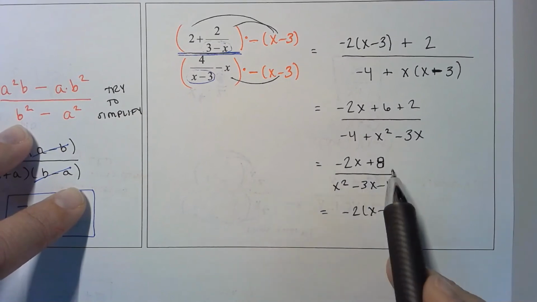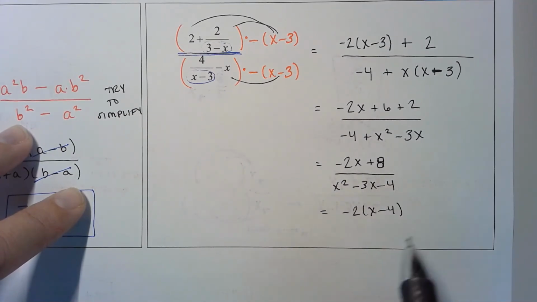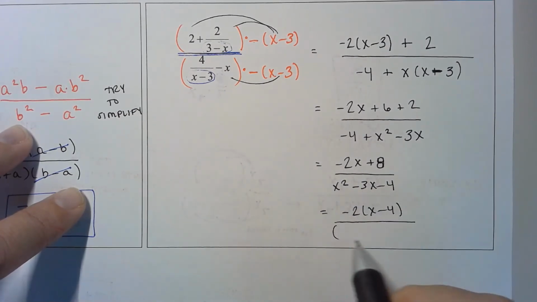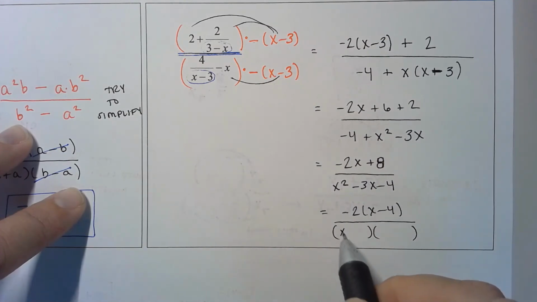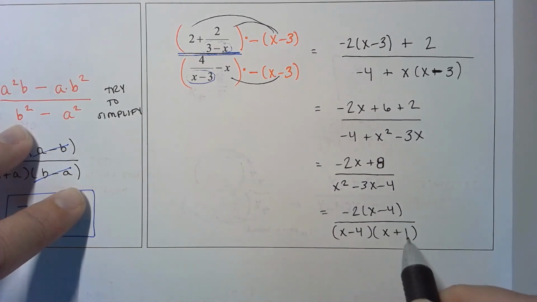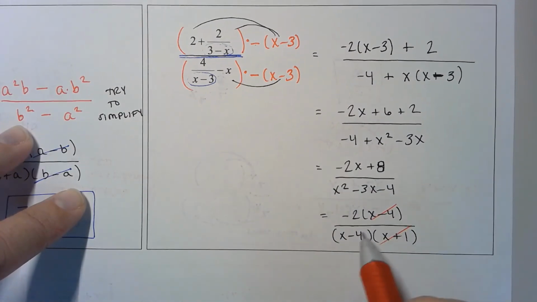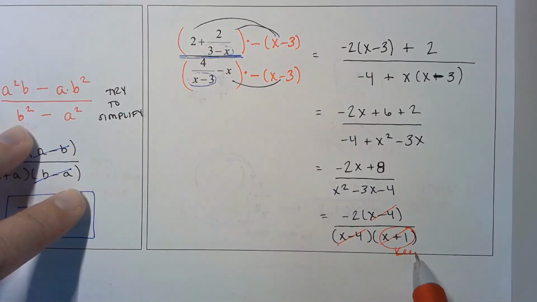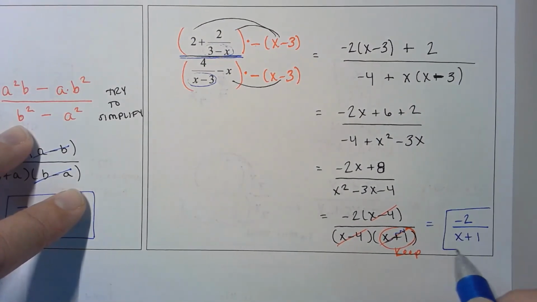So in the top I factored out a negative 2. I'm trying to simplify. On the bottom, let's try to factor that into x minus 4 and x plus 1. Oh my gosh, I just crossed off the wrong one. Ooh, you can tell it's a Friday afternoon, huh? My fault. So on the top I have a negative 2, and on the bottom I have an x plus 1.